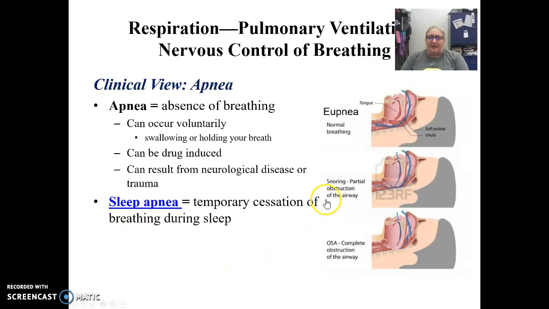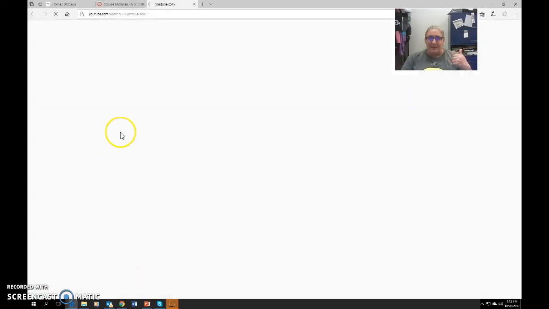There are two types of sleep apnea. Obstructive sleep apnea is the most common form. The other is called central sleep apnea, and in that case, your brain stops sending signals. That's a more severe form of sleep apnea. The machine that we use to help us when we have sleep apnea is called a CPAP machine. And this is just a short video on the CPAP.